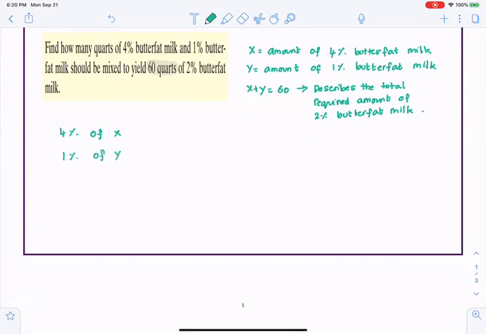So if we combine the two, which is 4% of X and 1% of Y, we should end up getting a certain amount of 2% milk. So what is that net amount?